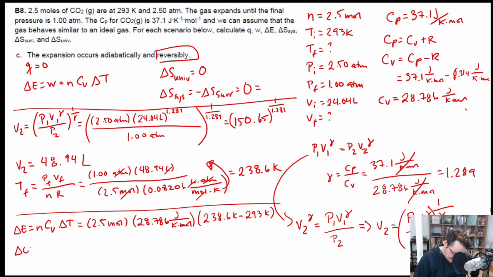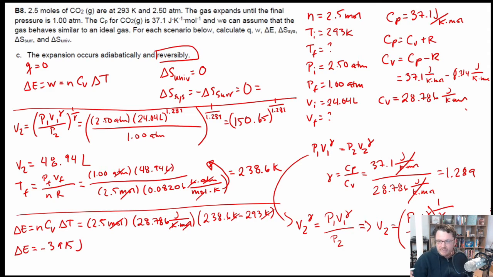And so delta E is equal to 2.5 times 28.786 times 238.6 minus 293 comes out to negative 3,915 joules, because moles cancel and all the Kelvins cancel, and you only end up with joules.